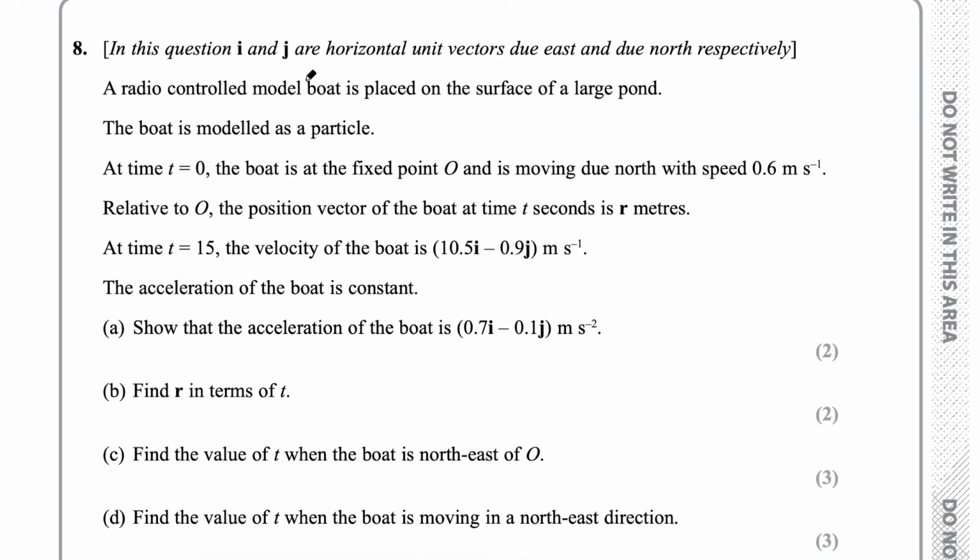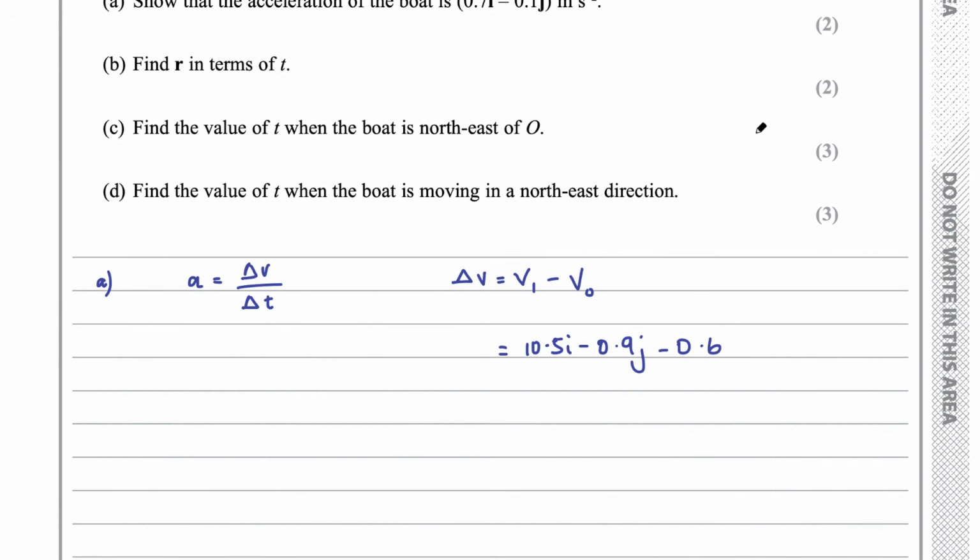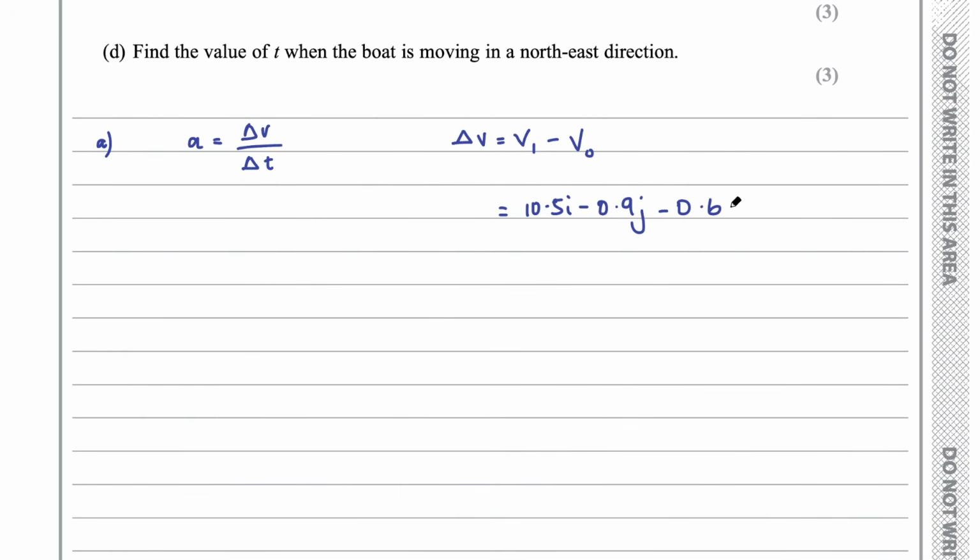And remember they said j was the north vector, the vector pointing in the north direction. So this is going to be 0.6 j. And then we can simplify this. So we've got negative 0.9 j, subtract 0.6 j. That's going to be 10.5 I minus 1.5 j. So that's our change in velocity.